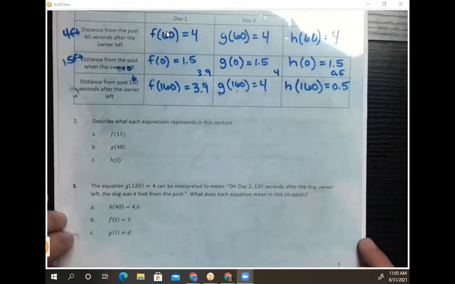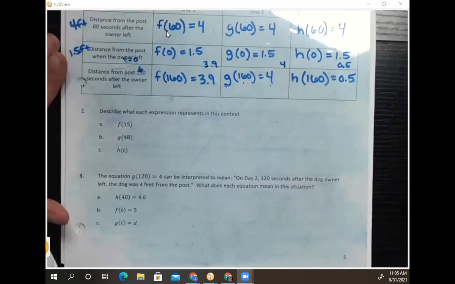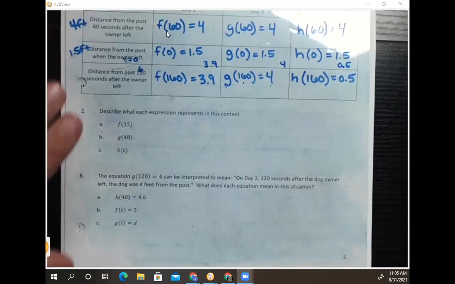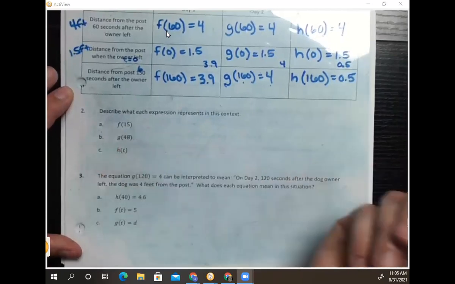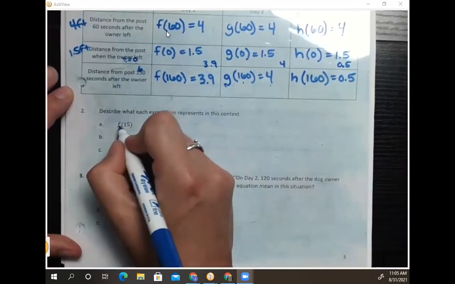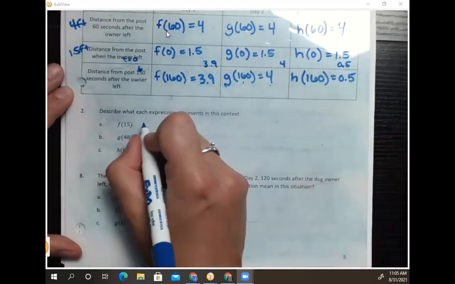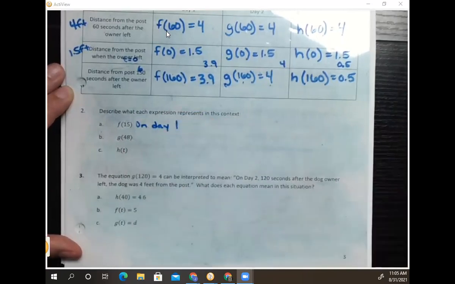So for number 2, I want to describe what each of these notations is representing in the context of our problem. So we're still talking about our dog. We still got functions f, g, and h. So let's talk about what we're seeing here. For A, f of 15. Function f means I'm talking about what? Day 1. So I'm going to start off with on day 1.